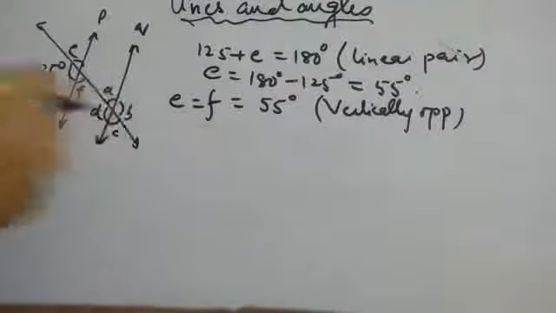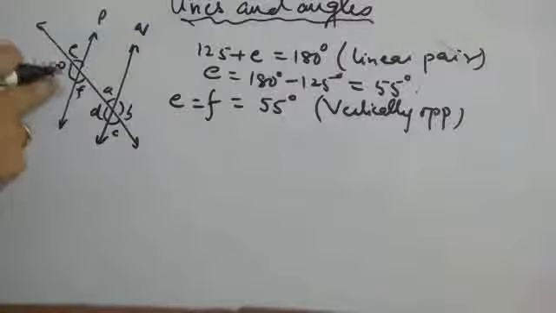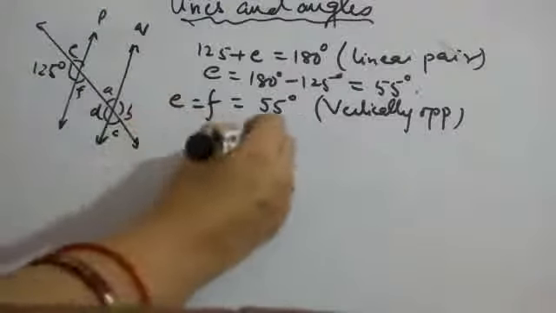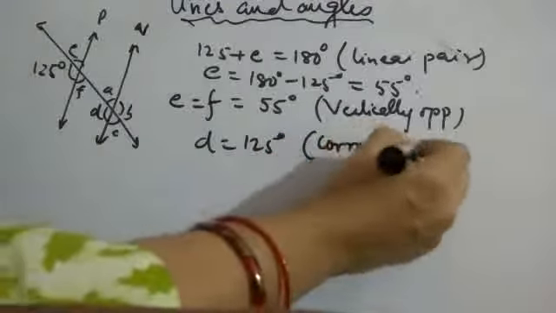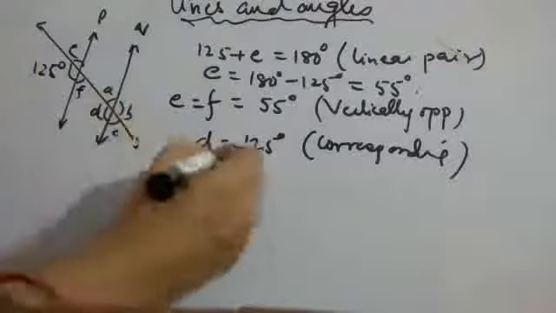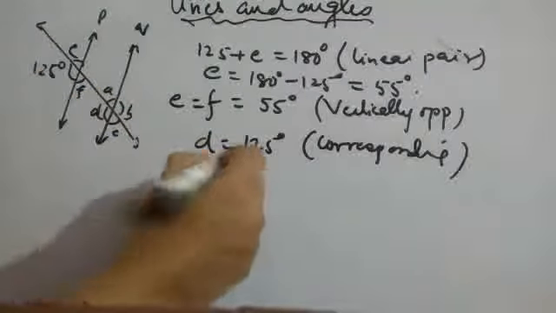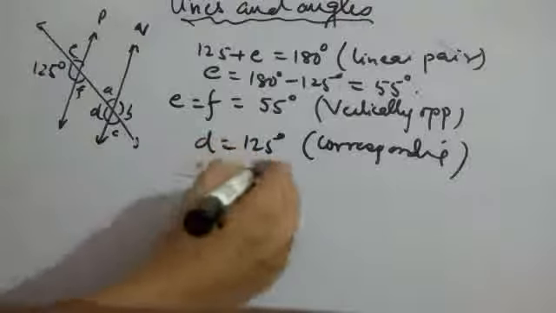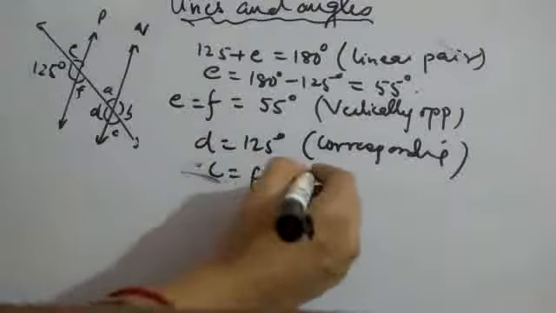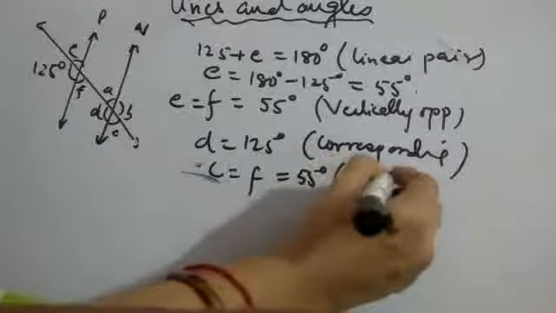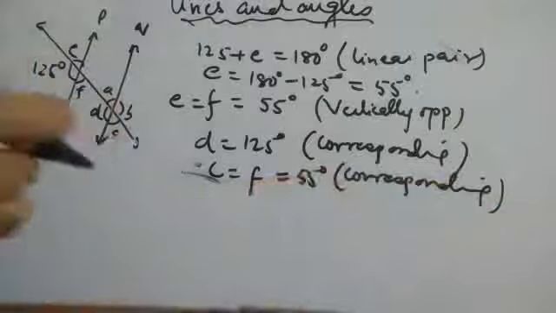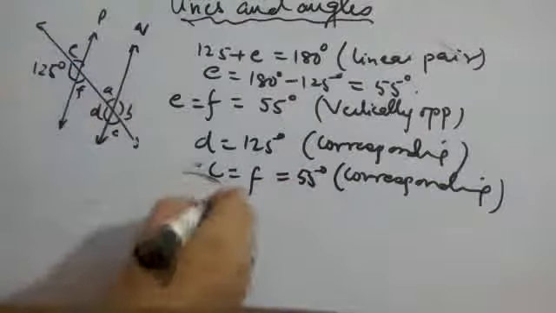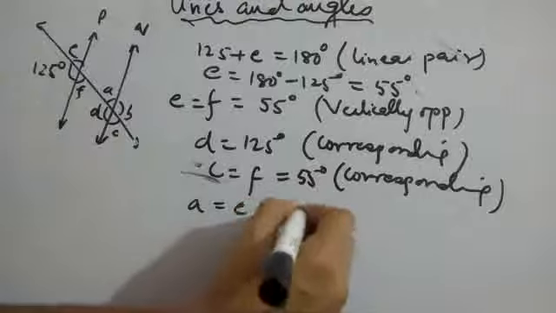Then the remaining ones are 125 and D. D is equal to 125, corresponding angles, one leaving, another on the same side. Now C is equal to F equal to 55, again corresponding. Now similarly on this side, A is equal to E is equal to 55.